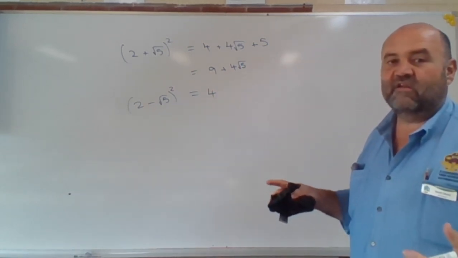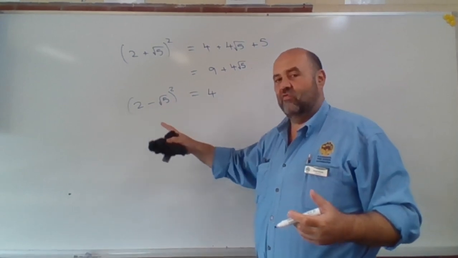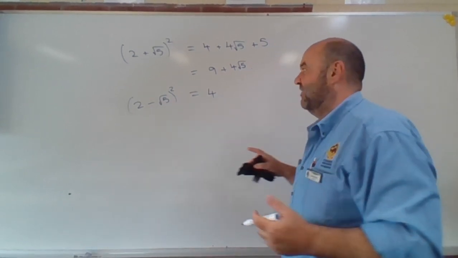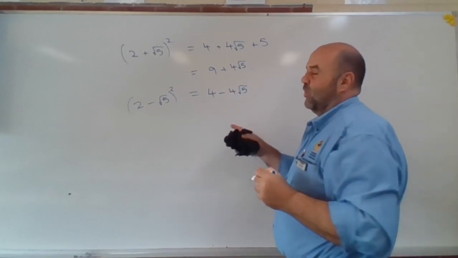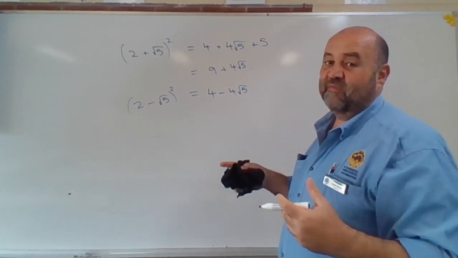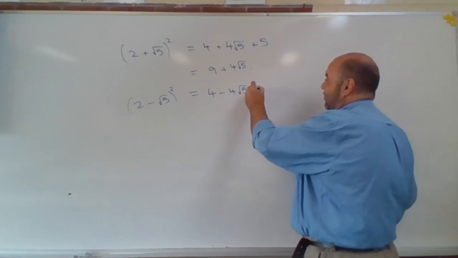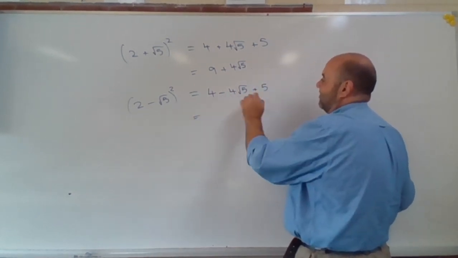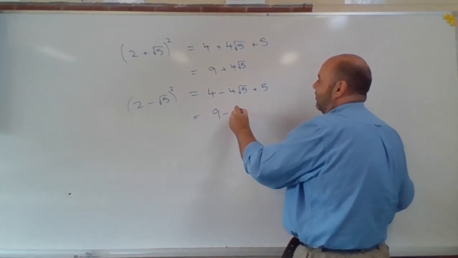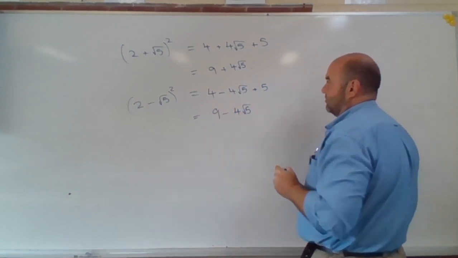Twice the product: now the product is negative 2 root 5, and twice that is negative 4 root 5. And then square the last: negative root 5 times negative root 5 is positive 5. So that gives me 4 plus 5 is 9 minus 4 root 5.